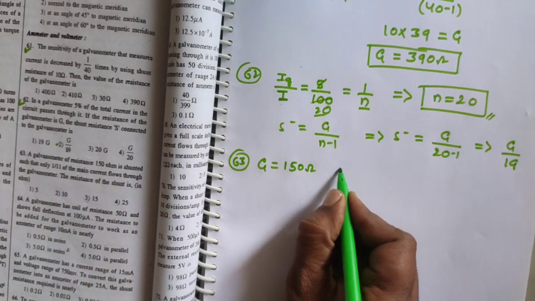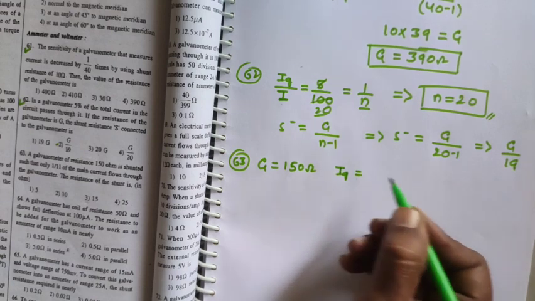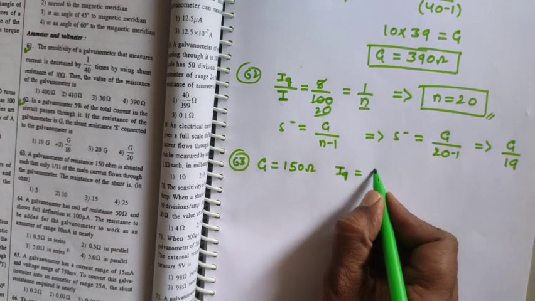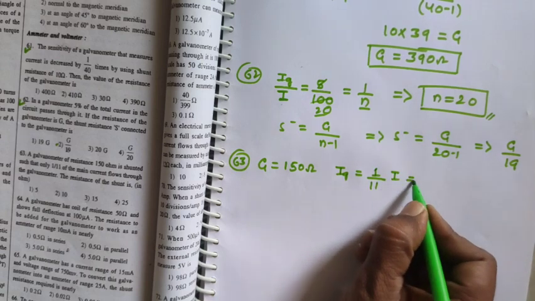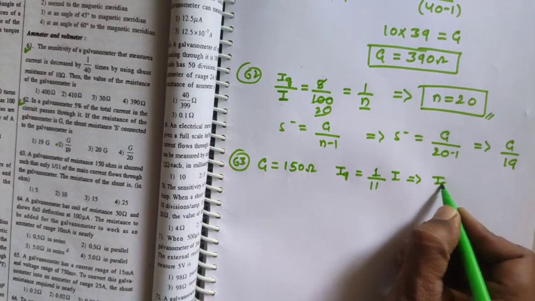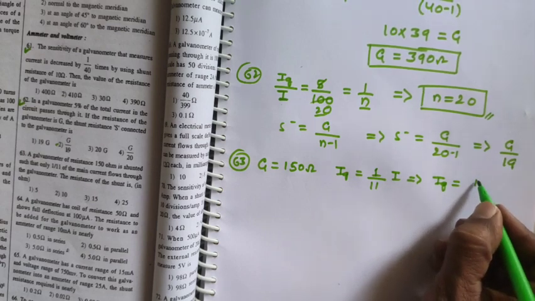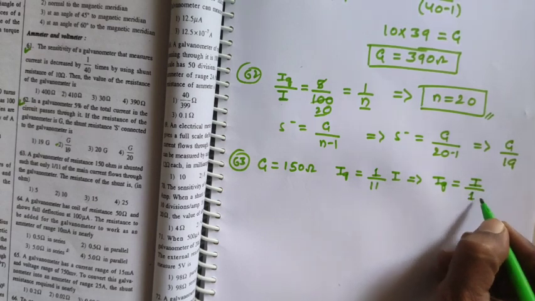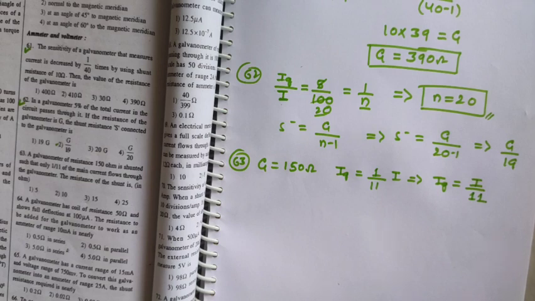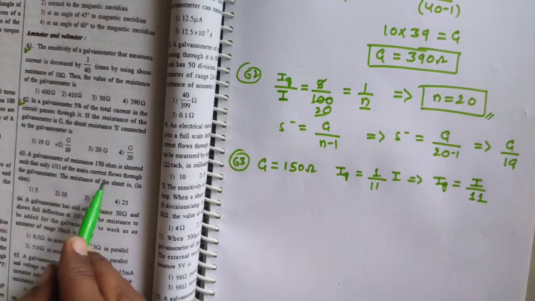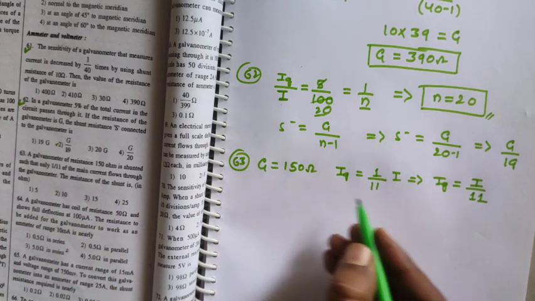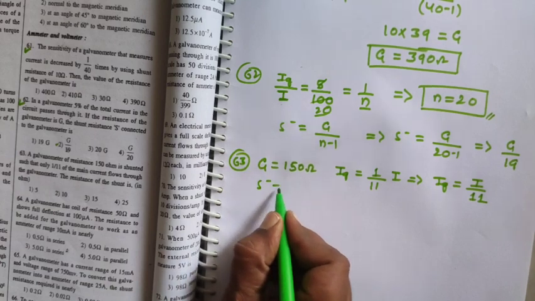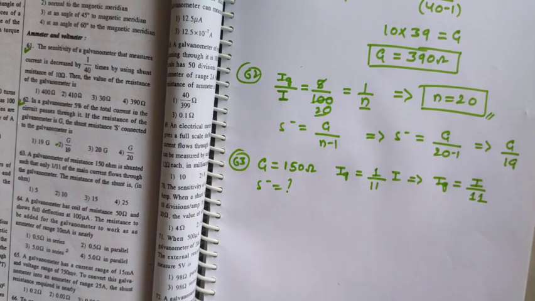So current through the galvanometer is 1 by 11 of the main current, or I can consider Ig value which is equal to I by 11. So indirectly they gave that Ig value. The resistance of the shunt is, which value I need to find out here? Shunt resistance value.